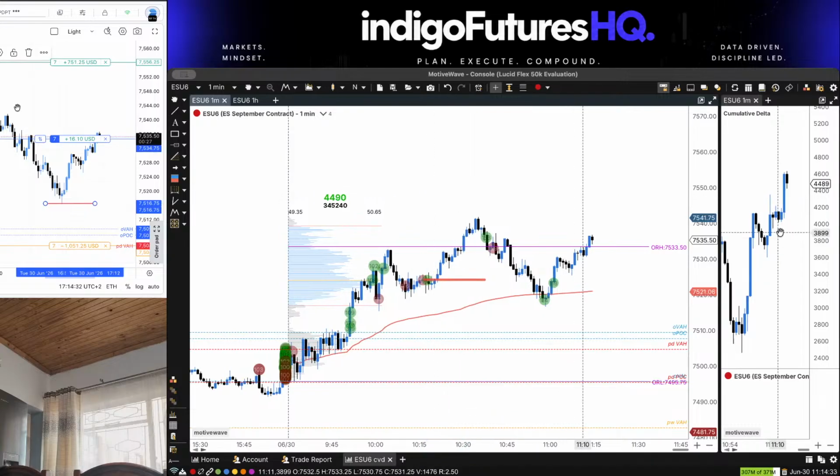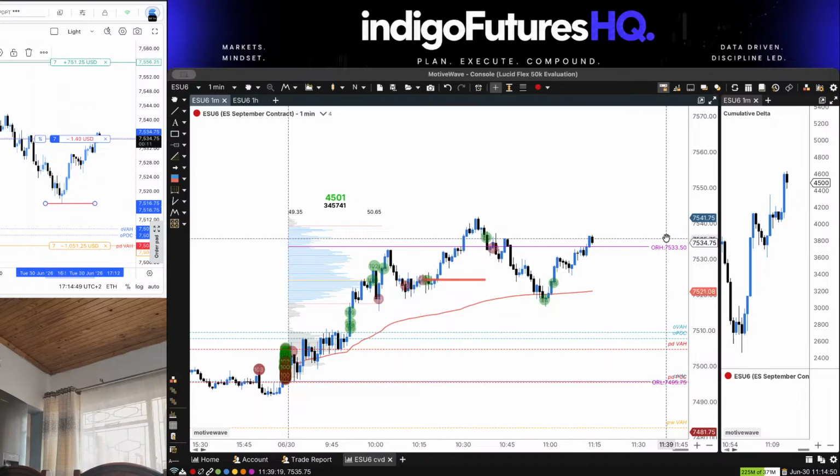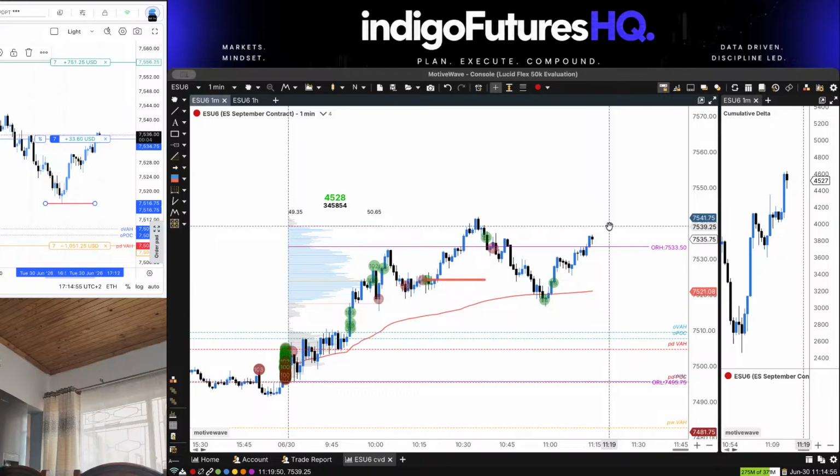But this was encouraging. If you're looking at this on the CVD, pretty clean break. That's some intent, at least from the buyers, so let's see if they can hold this charge higher. We try to get to the value area high, which is 539, and try to break 539.